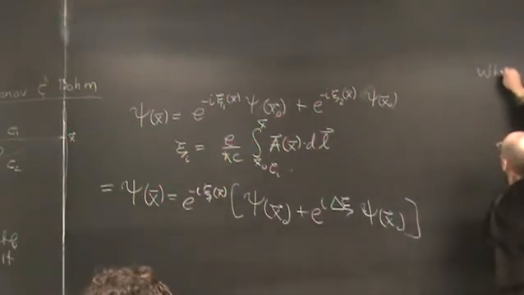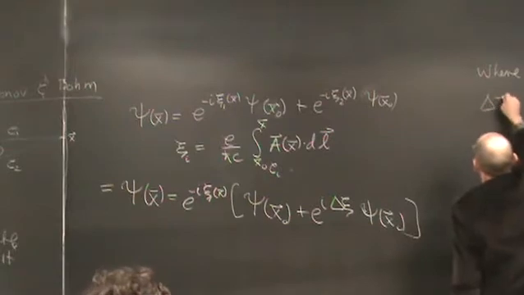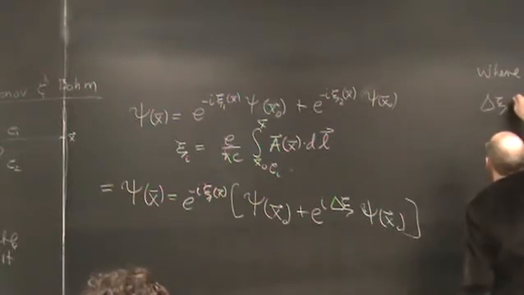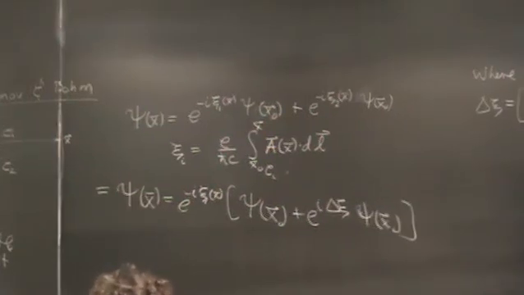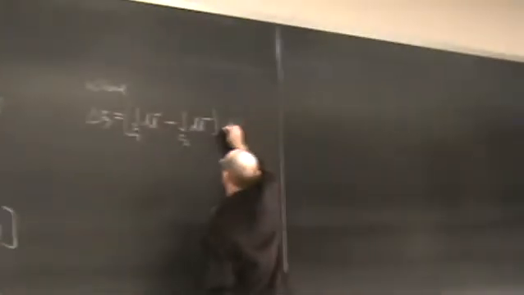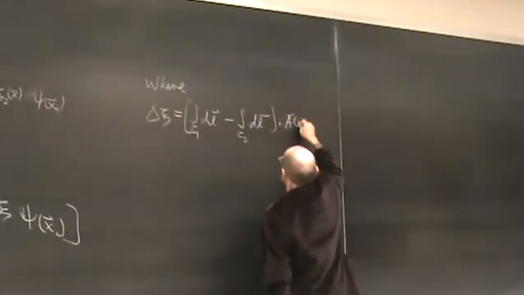Where delta is equal to the integral over C1 of A dot dl minus the integral over C2 of A dot dl.